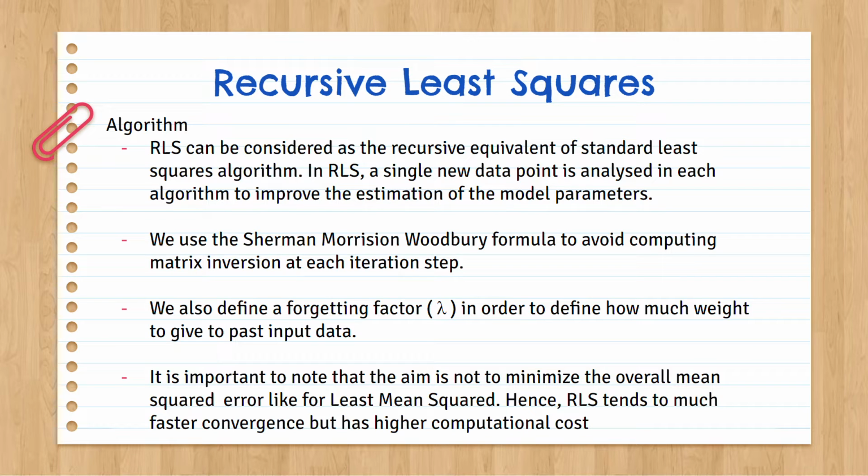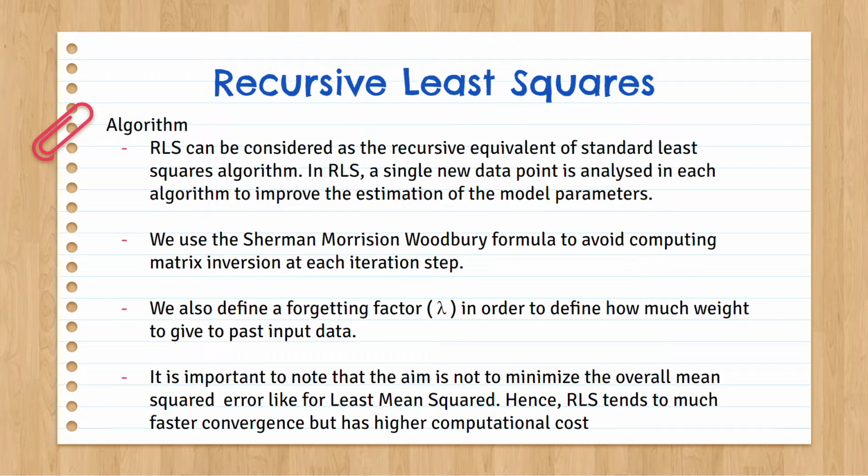Let's have a look at the recursive least squares algorithm. Recursive least squares algorithm can be considered as the recursive equivalent of standard least squares algorithm. In RLS, a single new data point is analyzed in each iteration to improve the estimation of the model parameters. We use the Sherman-Morrison-Woodbury formula to avoid computing matrix inversion at each iteration step.